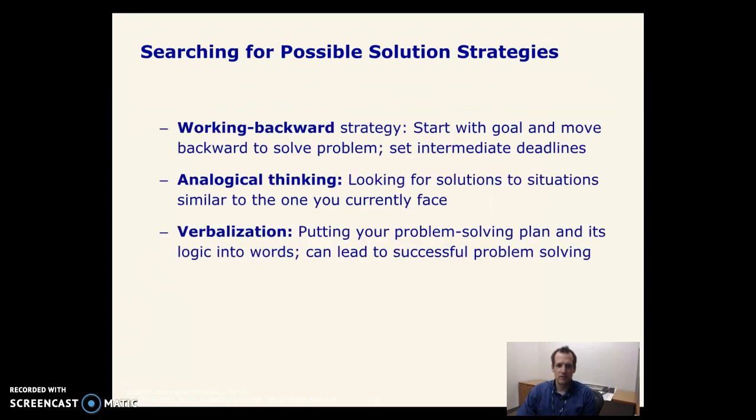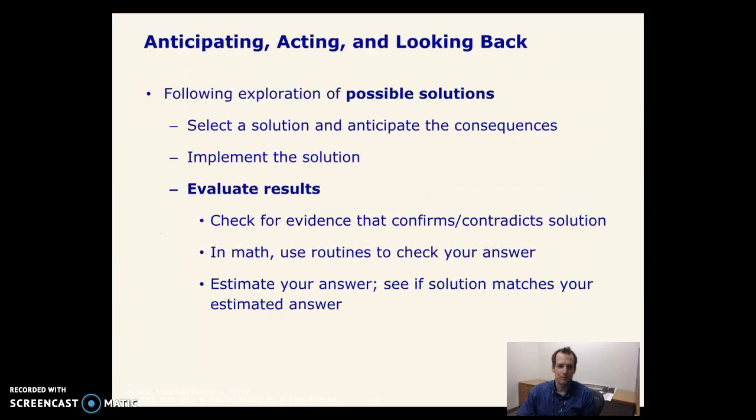Other possible strategies: working backwards, starting with the goal and then going backwards. Analogical thinking, so you're looking for a solution to similar situations. So, okay, what did other people do? What has someone else done?